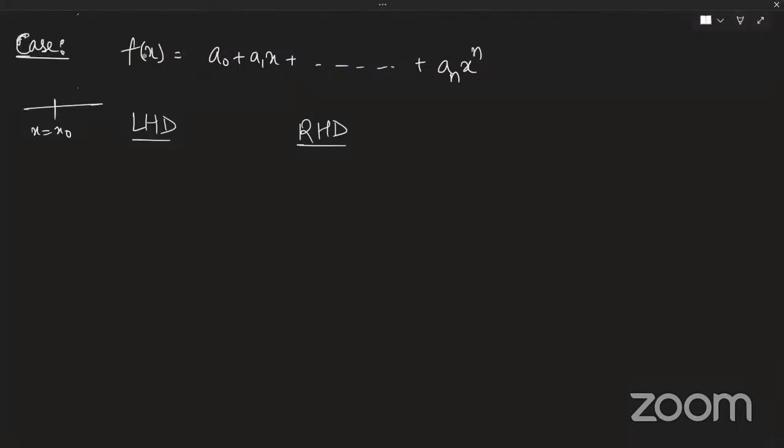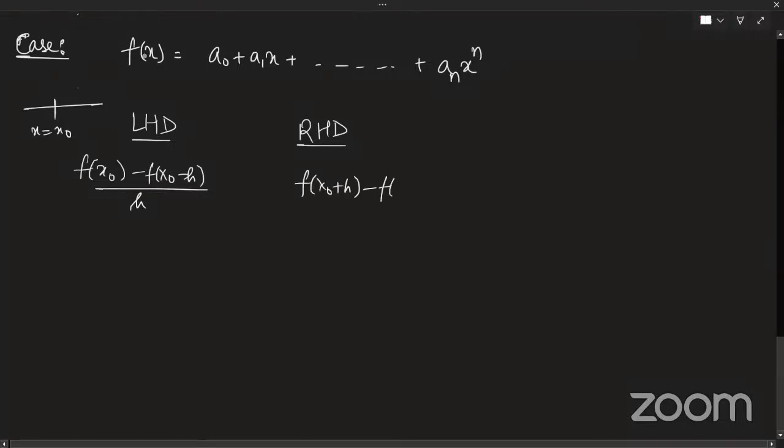You can just try it: f of x naught minus f of x naught minus h, whole divided by h, and f of x naught plus h minus f of x naught, whole divided by h. In both of these cases, you will get the same values. It is really simple to think.